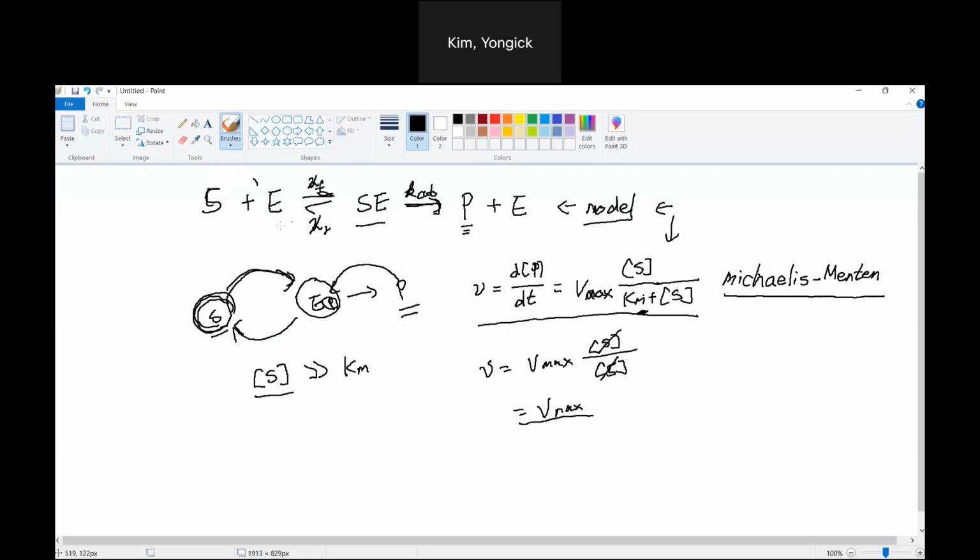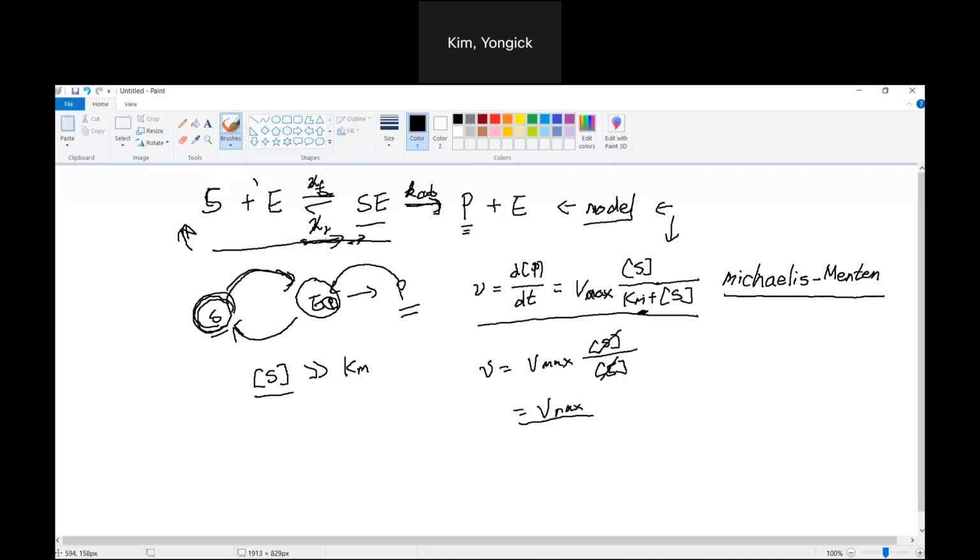So in this reaction, if you look at the model and you have a lot of substrate, this is a reversible reaction, so the equilibrium mostly goes this way, like the Le Chatelier principle. If you have a lot of substrate, the system wants to remove the substrate here.